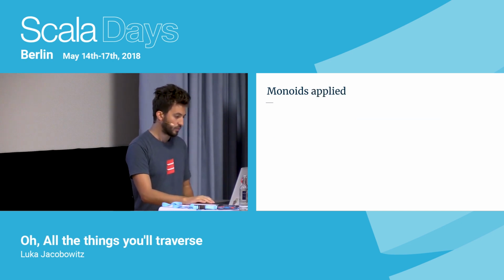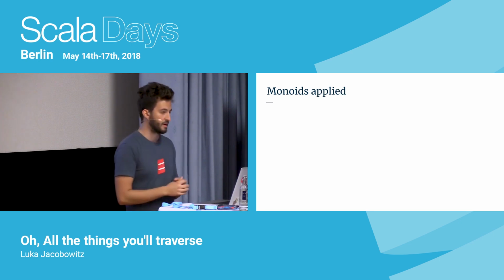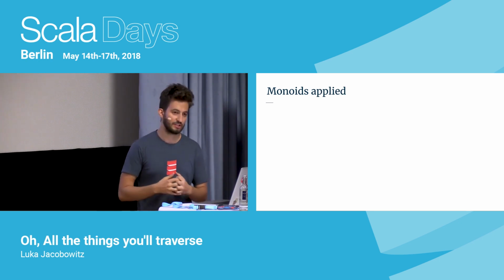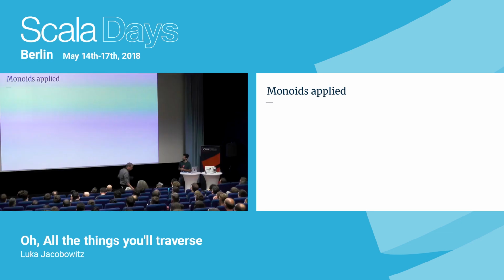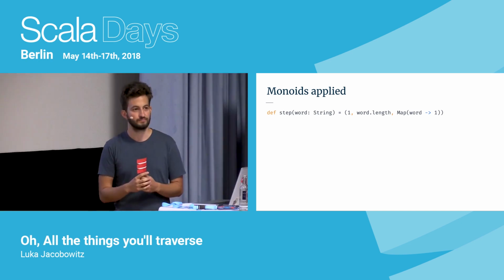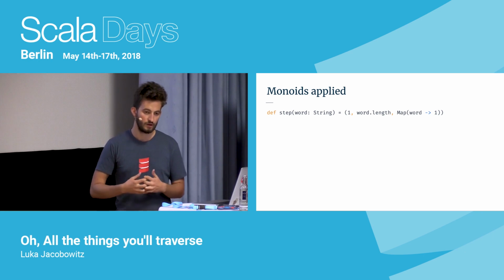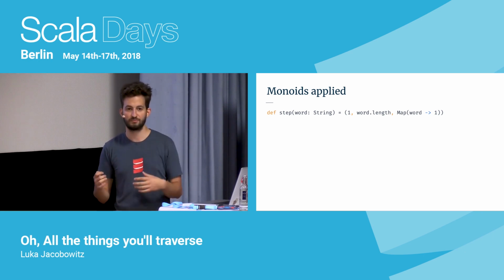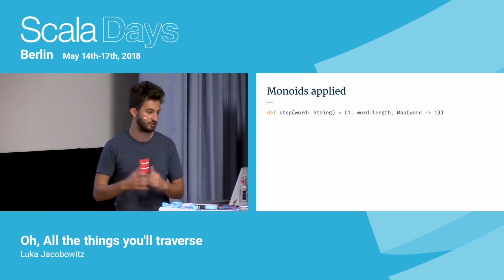And why is this useful? So I'm going to give you a very small example that was inspired by my colleague Marcus. Basically, we want to define a small application that reads a text file and gives us back some statistics, right?